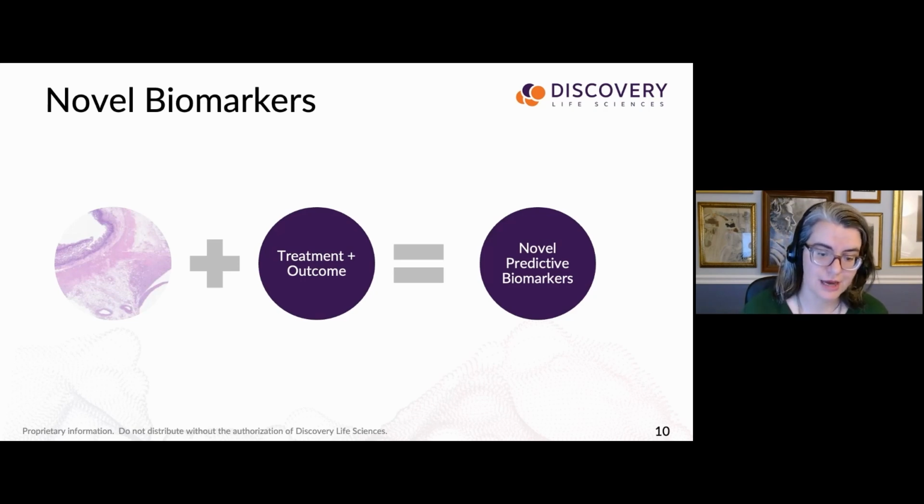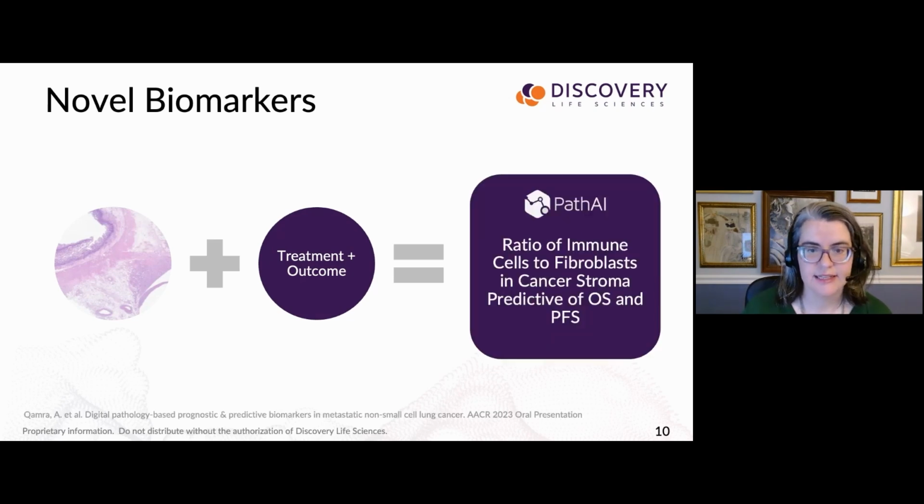And when you pull out the right tools from your AI toolbox and you give that AI both of these data sets, you're now able to generate something that humans can't, which is truly novel predictive biomarkers from that H&E image. As an example, PathAI presented at AACR in 2023 a case study where they did this, and the novel biomarker found was tied to the ratio of immune cells to fibroblasts in the cancer stroma.